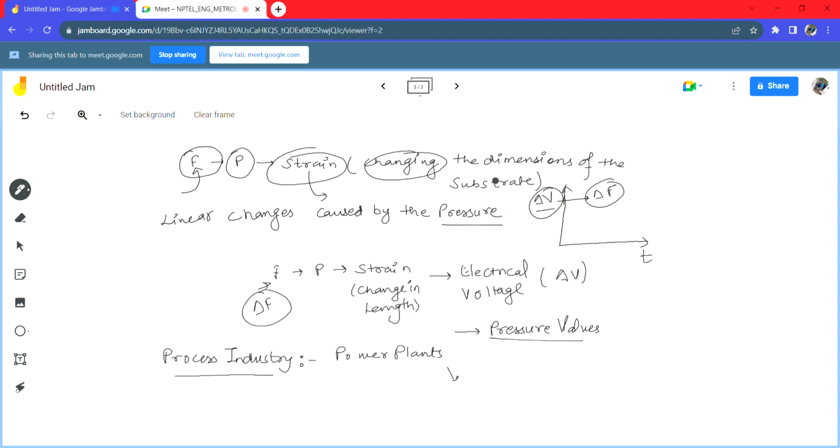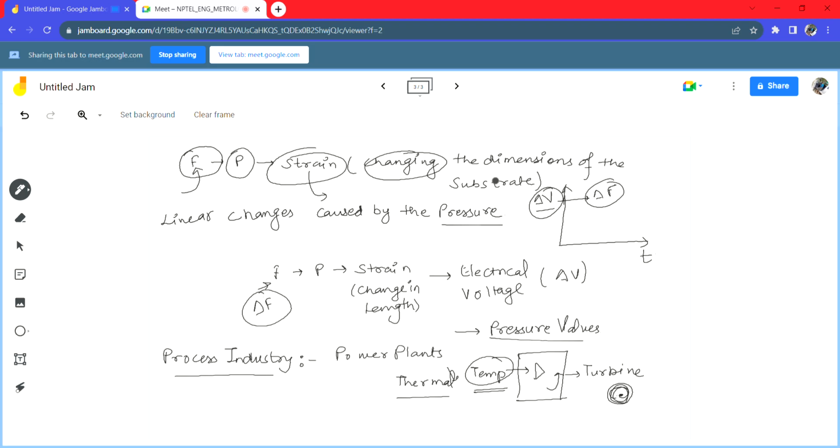Suppose this is a thermal power plant, and in the thermal power plant we have a turbine that is rotating, and the rotation in the turbine is generated from the temperature of the fuel being burnt. So in the middle of this, what we have to do is create a mechanical action of rotating this turbine, and rotation is caused by the pressure being exerted on the turbines, and this pressure in turn is generated by the temperature.